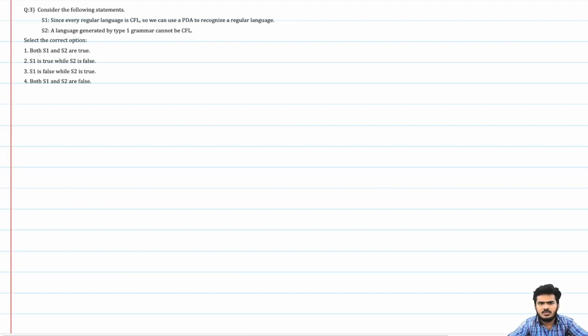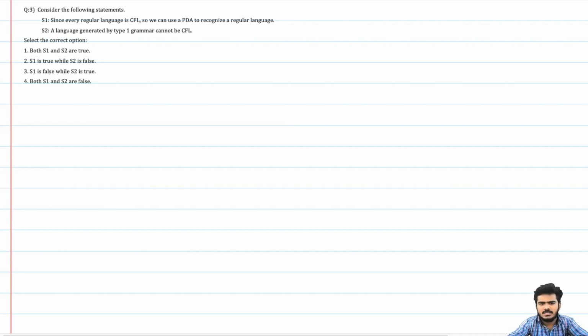Now come to statement number 2. It says that a language generated by type 1 grammar, that is context sensitive grammar, cannot be CFL. So we know that the context sensitive grammar, that is type 1 grammar, generates the context sensitive language, like regular language accepted by PDA.